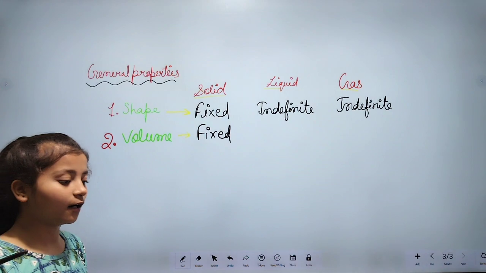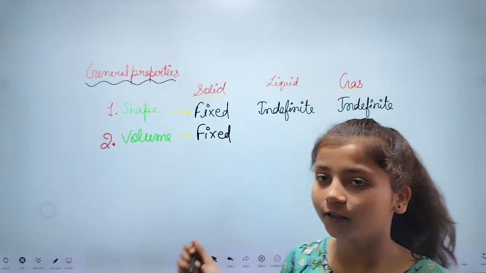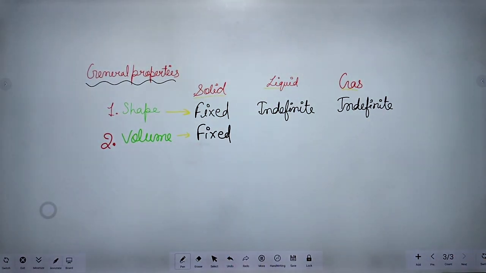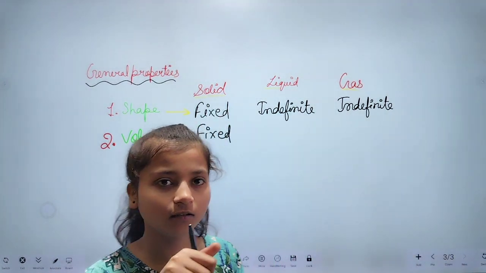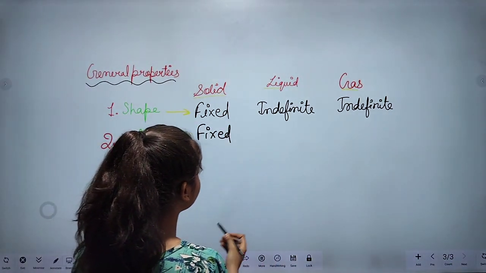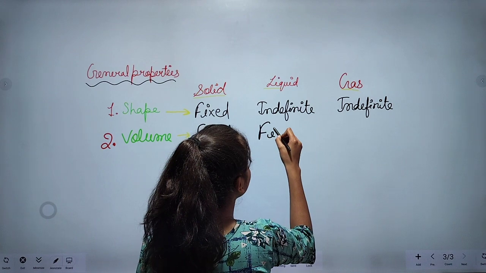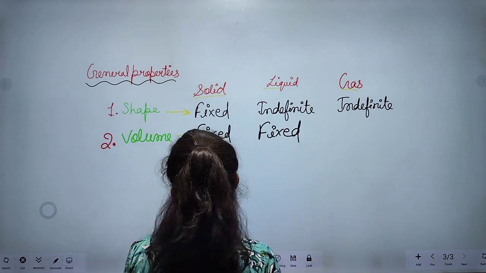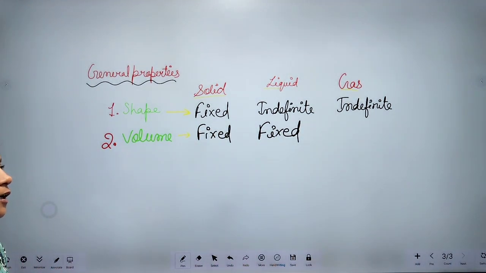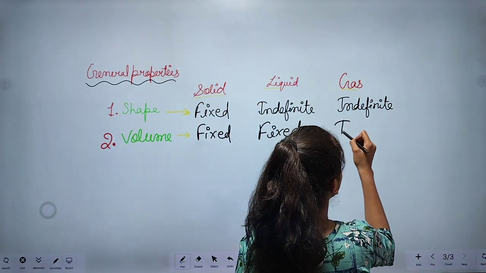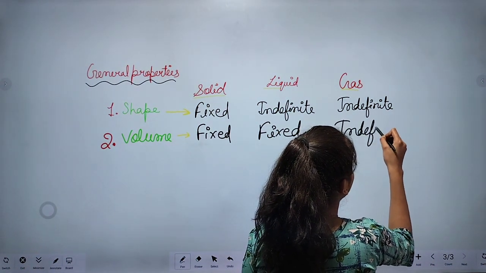If we put 1 liter water in a bottle, then it is still 1 liter. And if you put water in any type of container, it is still 1 liter. So its volume is also fixed, but gas volume is indefinite.